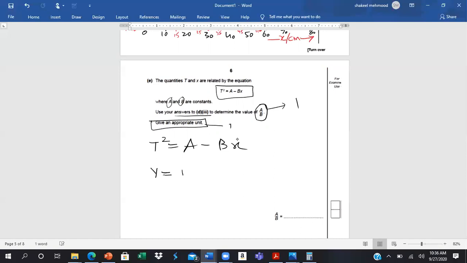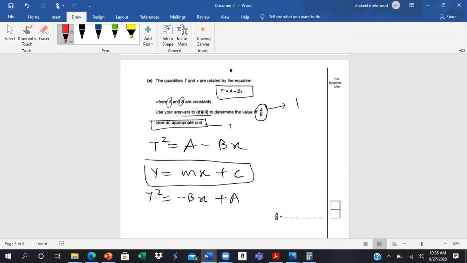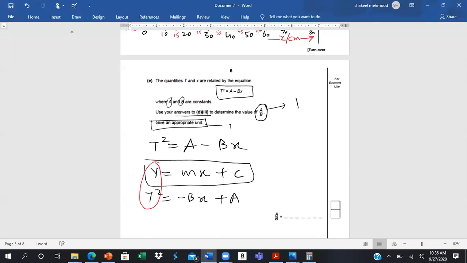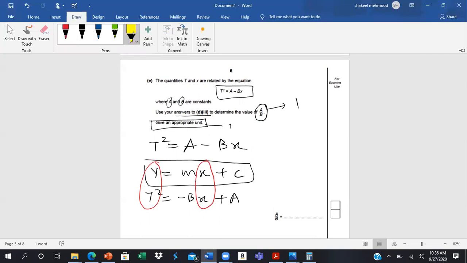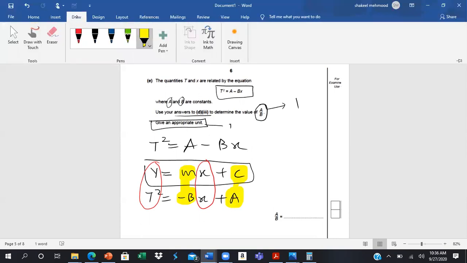you have to compare it with y equal mx plus c. This is straight line equation. So I'll be writing t square equal minus bx plus a, and when you compare it, you will see that this is plotted along y-axis, x is plotted along x-axis. So we can say that this gradient is equivalent to negative b, and the y-intercept is equal to a, right, in the comparison.